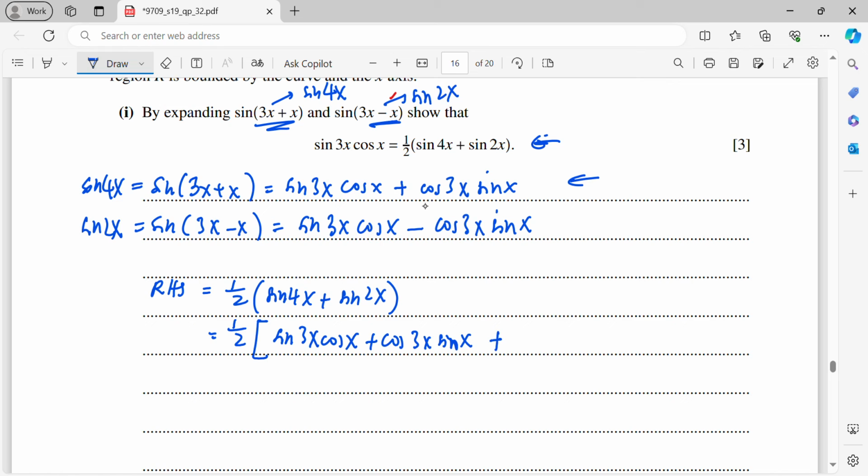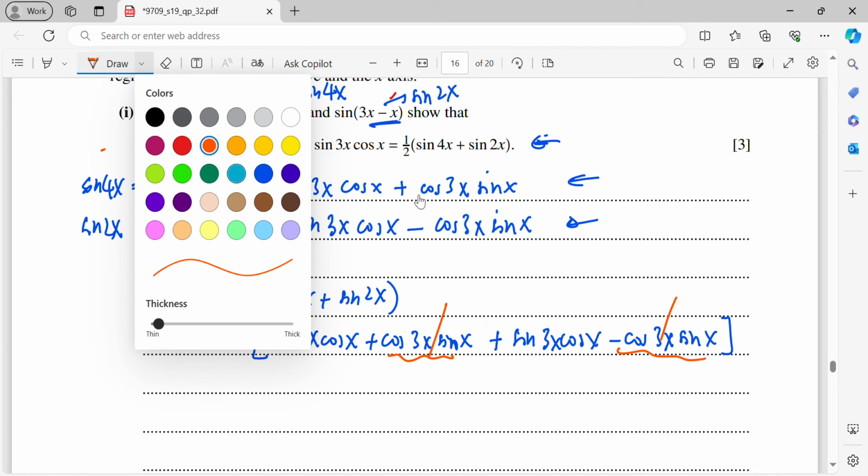Okay, then plus, for the sine 2x, just refer to the second expression. So now I notice that this minus cos 3x sine x can be cancelled with this, right? So that means you only have two terms left.